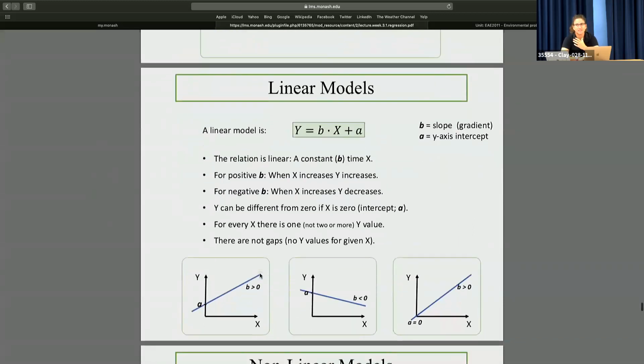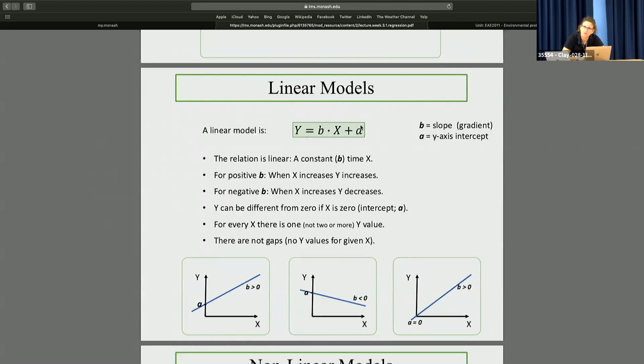Now the very simple linear model is something you know very well. It's the line, and we have y as a function of x, and this time the function of x is mediated by two parameters. These two parameters are the slope, how much y varies with every change in x, and what we call the intercept, the place on the y-axis where the line crosses.